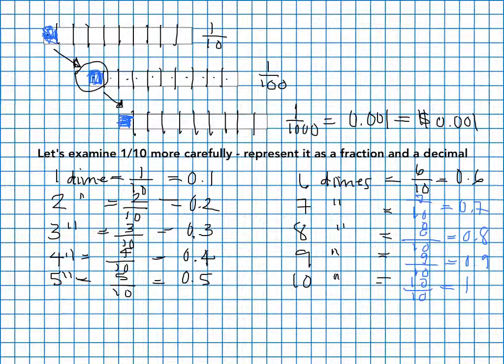You need to understand them to really be successful. If we know these relationships by heart, and we can go from decimal to fraction and fraction to decimal with these, it's going to help us as we move forward. So it's very important that we understand these relationships here.